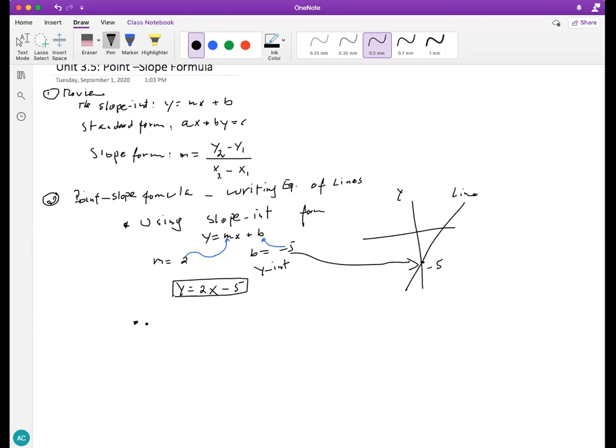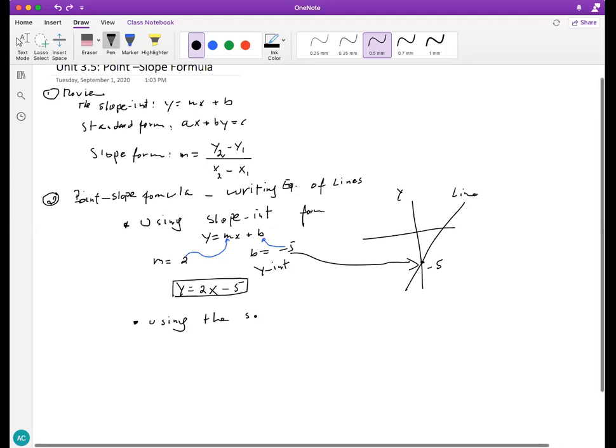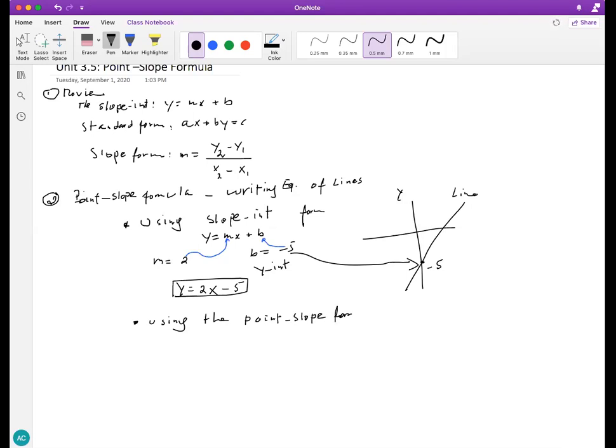Second case is if you have the slope, but not the y-intercept. Then we use the point-slope form. Okay, so this is slope-intercept, again, because this is the slope, this is the intercept.